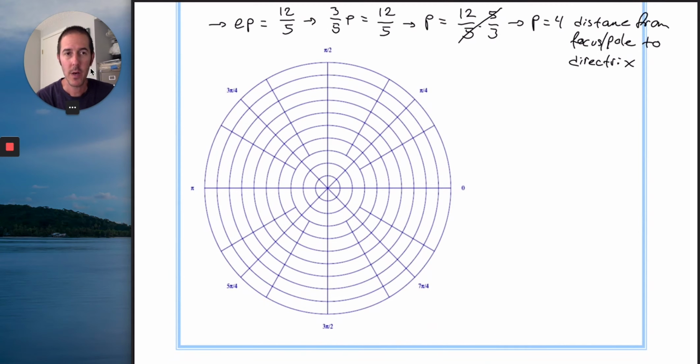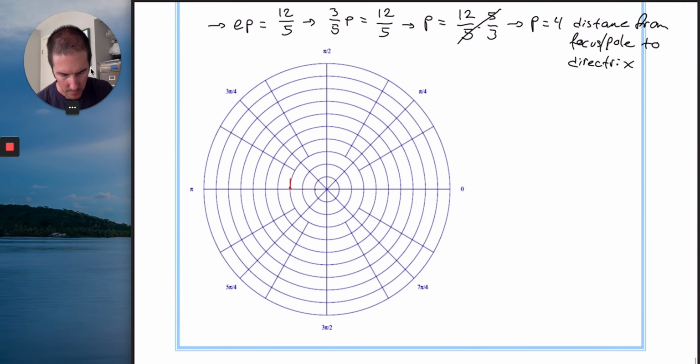On our graph, let's go ahead and place that directrix right away. So there's the pole, and then 1, 2, 3 units to the left of there. Maybe I'll put a mark, and you know, if you had a straight edge or something that you could use, I got nothing. Here's an envelope. Let me try to put in a vertical line here, dashed to represent our directrix.